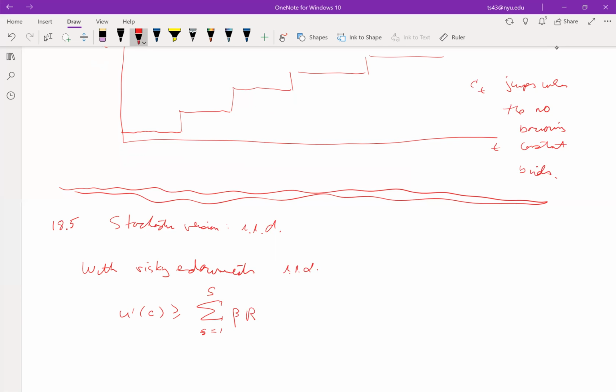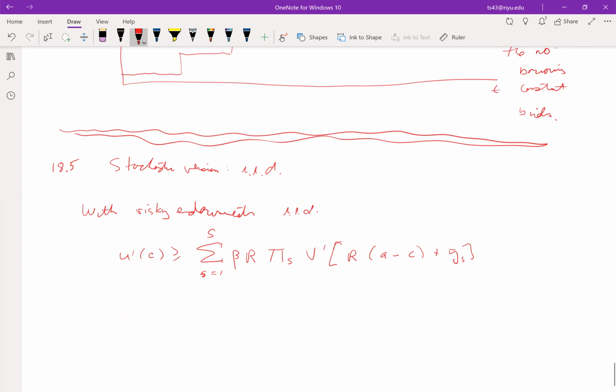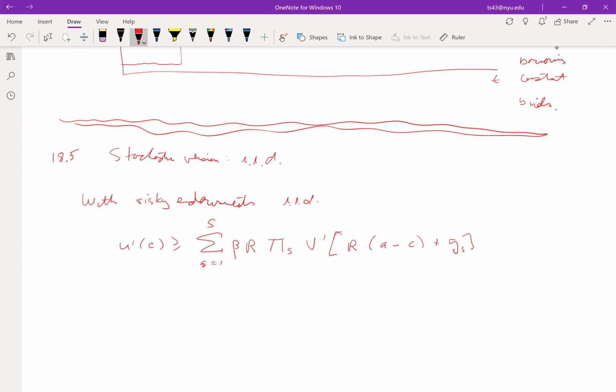Beta R, pi s, and then we have v prime, a standard R, a minus c plus ys bar. That's our Euler equation, with equality if the non-negativity constraint on savings is not binding.